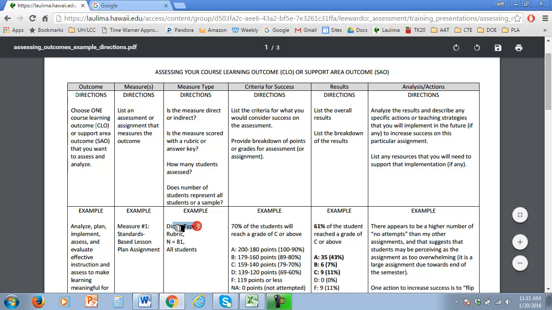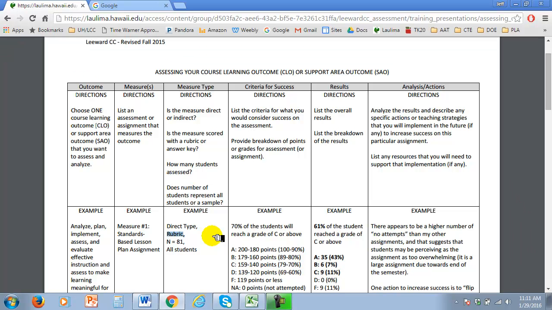So this is a direct type. This is an actual grade that I gave them. Is the measure scored with a rubric or answer key? I use a rubric, and that's important because that tells us whether or not the response is an open response, which means that it has several different answers available to it. An answer key just has one answer.